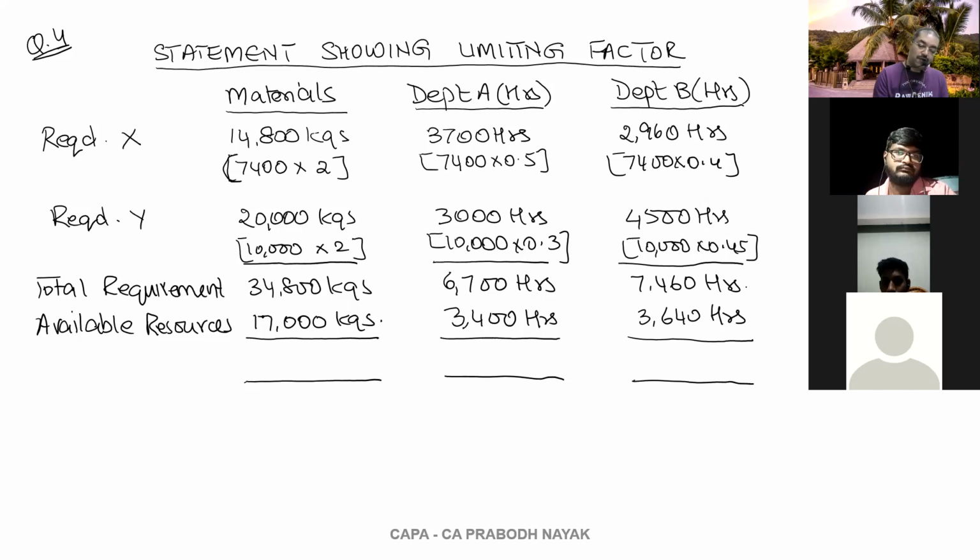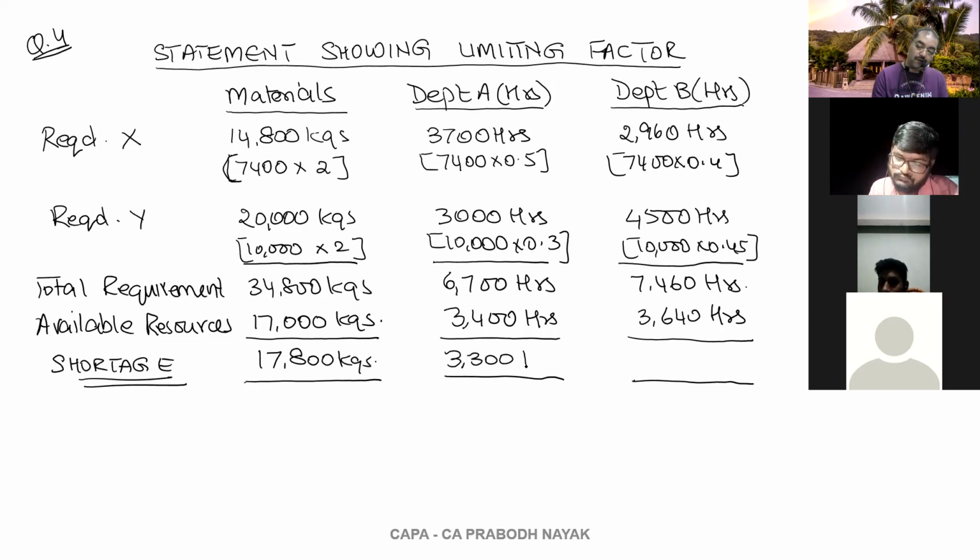So there is a shortage of 17,800 kgs of raw material, 3,300 machine hours of Department A, and 3,820 machine hours of Department B.